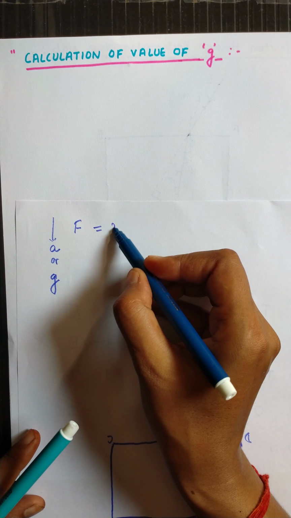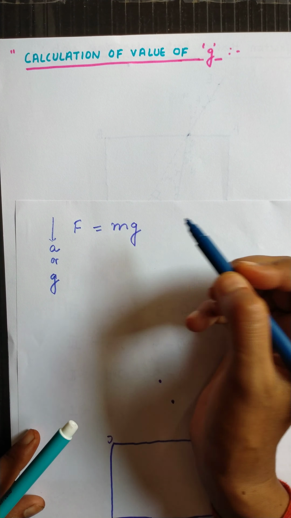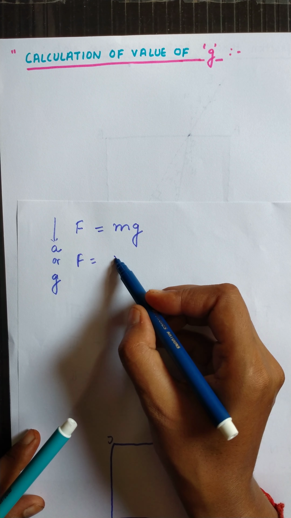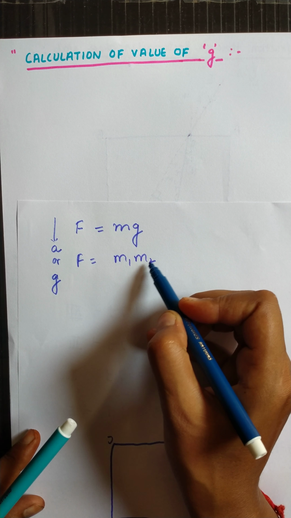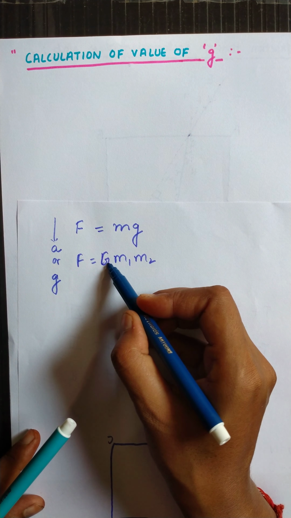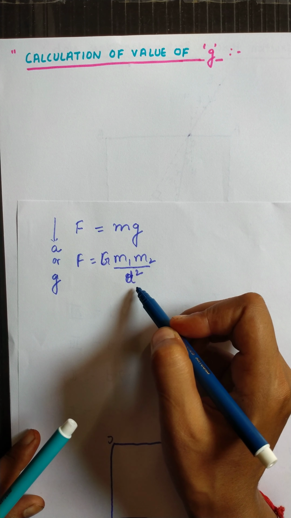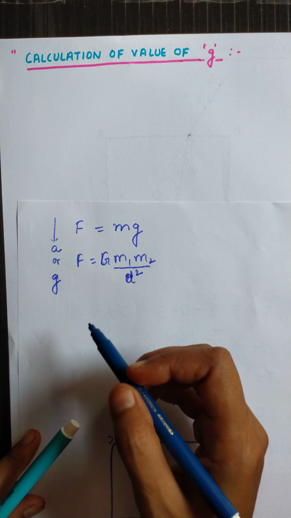Since F is equal to mass into acceleration, we can use mg, and F is also equal to G m1 m2 upon d square, or distance square, or you can take r square, no problem.